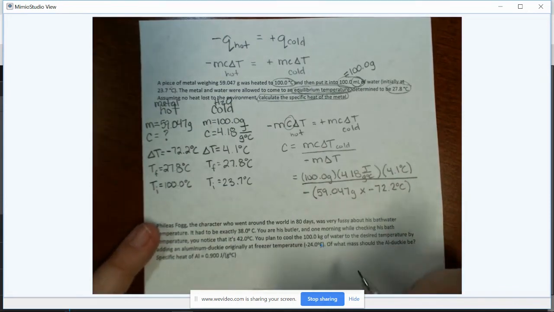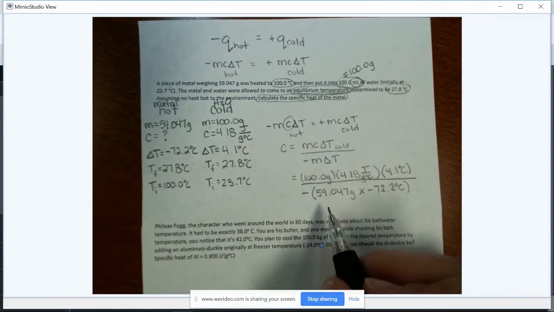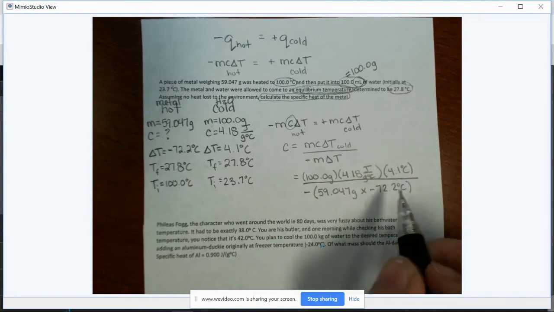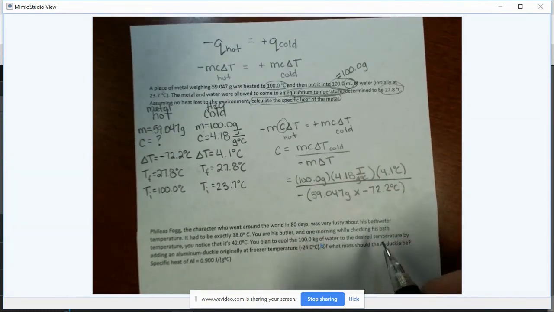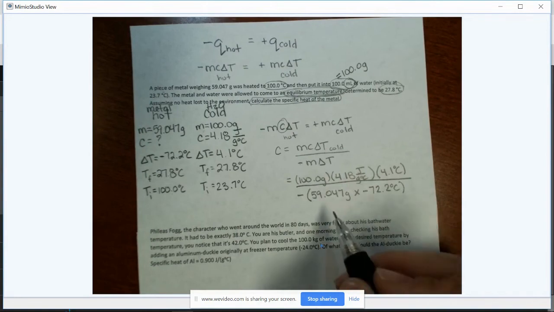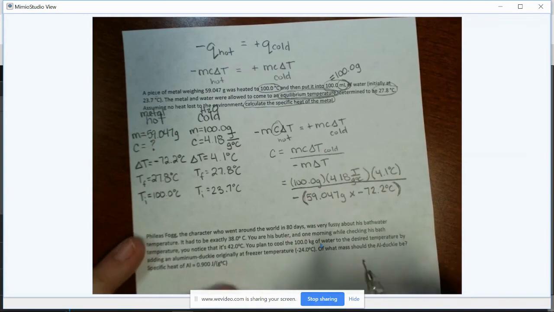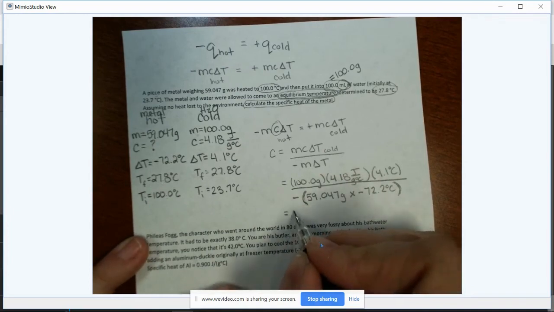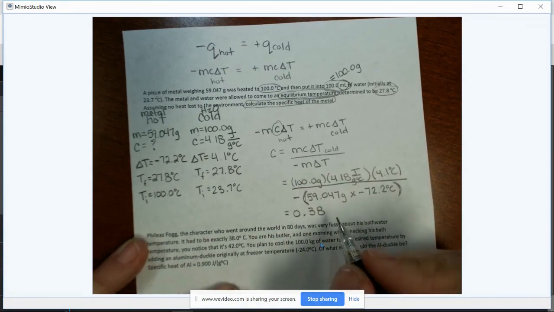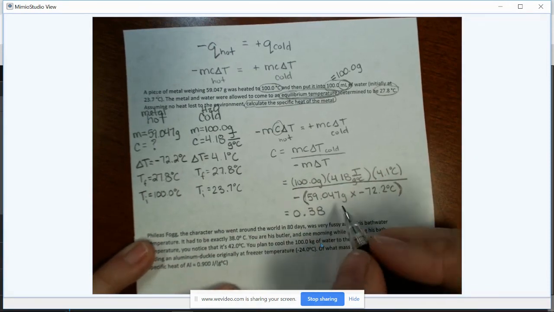So when I work all that out, be very careful about your signs and make sure in your calculator that you know that's supposed to go on the denominator. So make sure you give your calculator parentheses so it knows you want all that in the bottom. My calculator comes up with about 0.38, give or take some rounding issues.